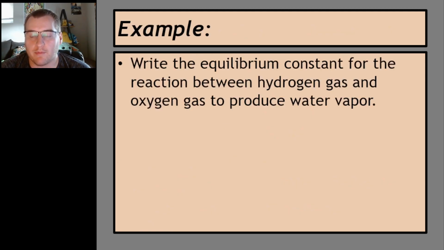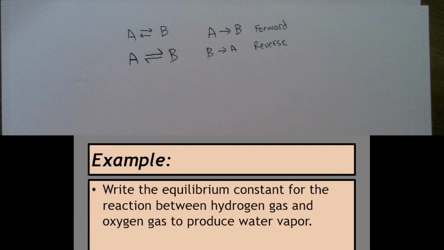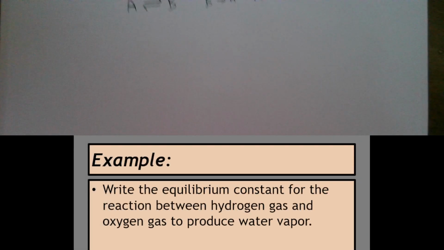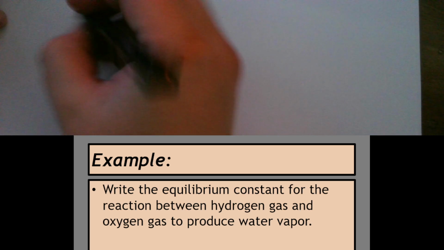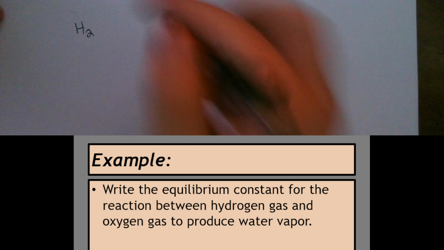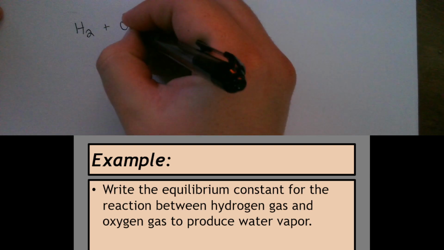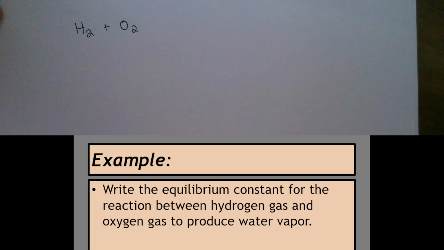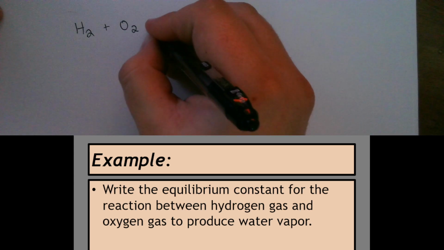Let's write an equilibrium constant to practice it. For the reaction between hydrogen gas and oxygen gas to produce water vapor. Okay. So I'm going to try to write that reaction. I have hydrogen gas, which is H2, because it's diatomic, plus oxygen gas, which is O2, to produce water vapor. Okay.